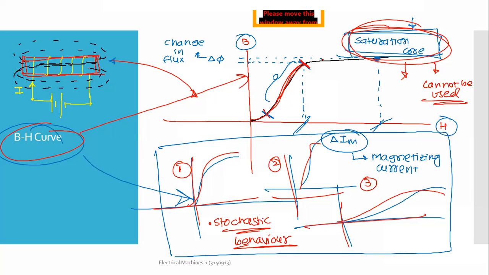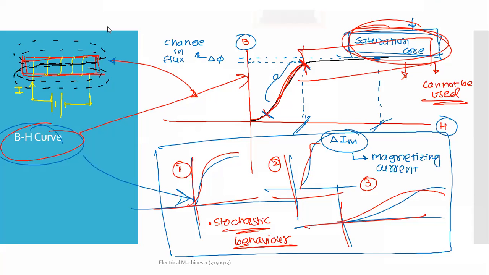So this is a non-linear region, and generally machines during operation are advised not to be driven into the saturation region.